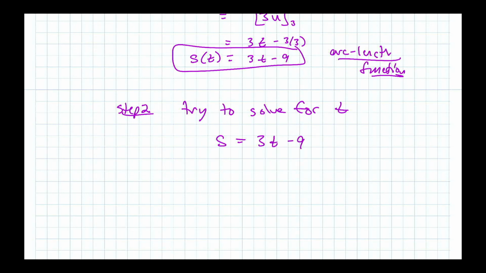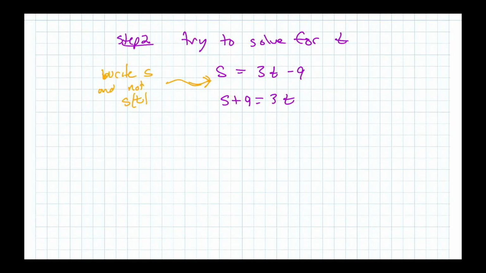You don't really write s of t, just write s. Okay. So try to solve that for t. That's just regular algebra. So add the 9 to both sides, divide both sides by 3. So you end up with t equals s over 3 plus 3. So you do that.